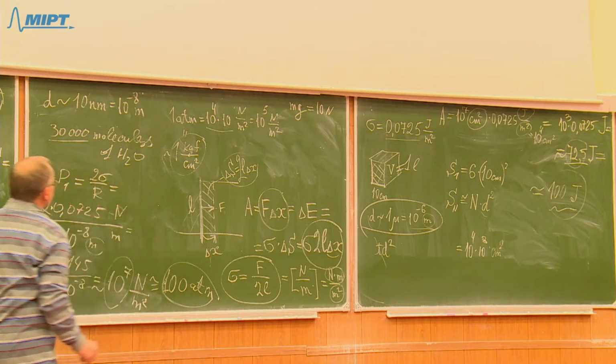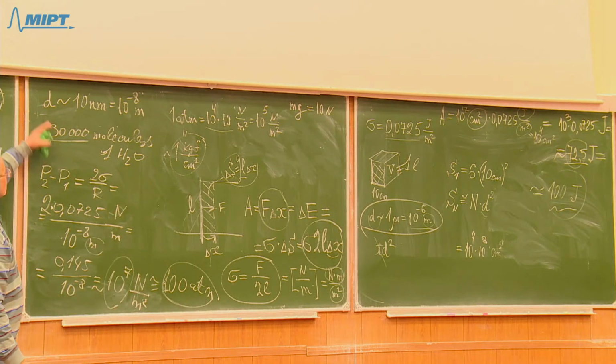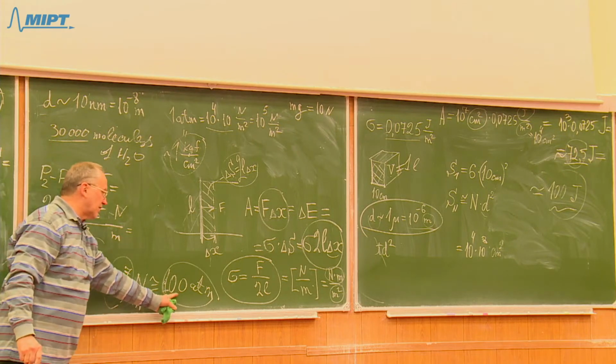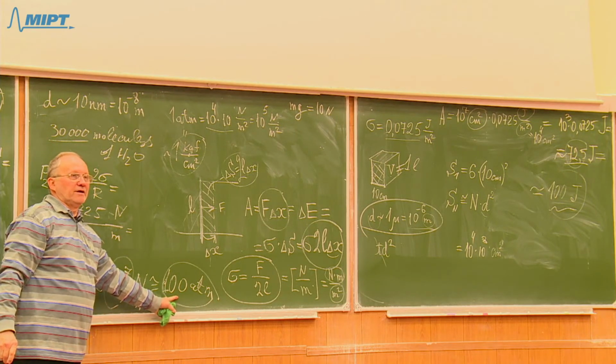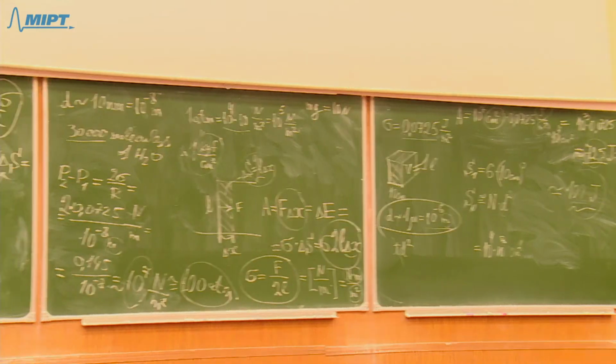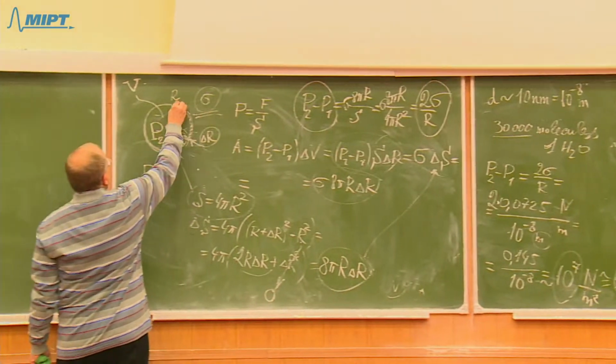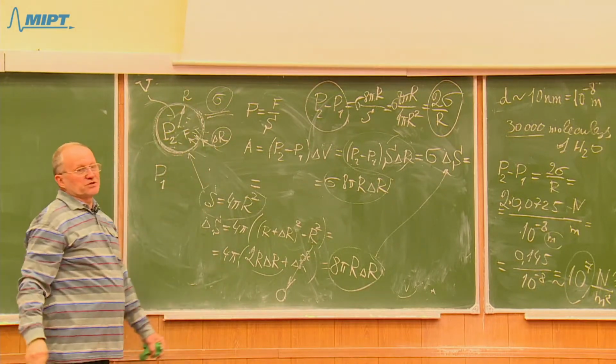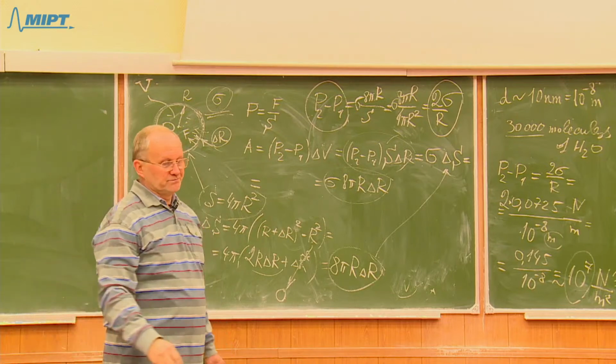That's correct. The pressure inside such a small droplet will be about 100 atmospheres only due to the surface tension on the surface of this small droplet of liquid.